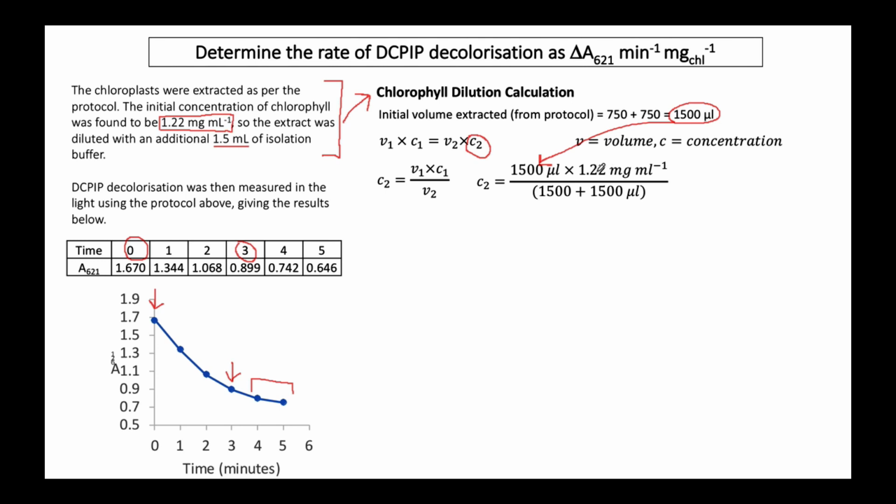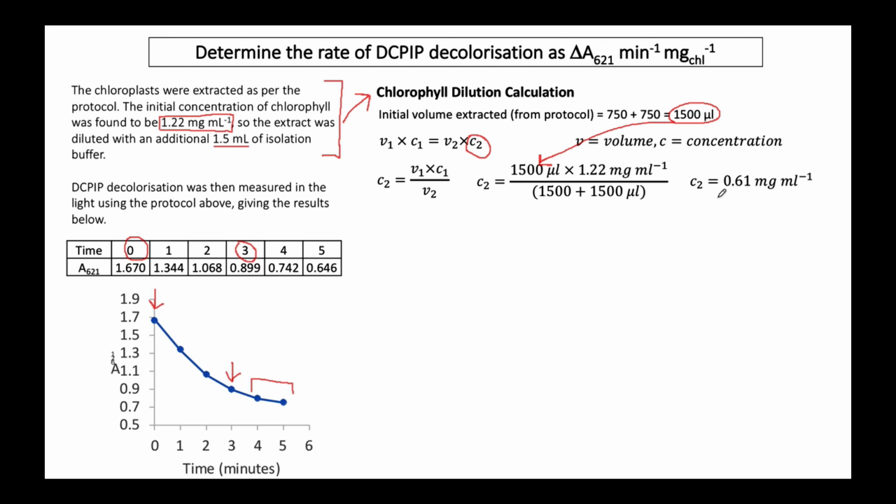And for the diluted volume, V2, we've got our original 1500 microliters and our additional 1500 microliters, our additional 1.5 mL. That's the bottom of our equation. If I solve that equation, I should get an answer of 0.61 milligrams per mL of chlorophyll. So that is the diluted chlorophyll concentration.